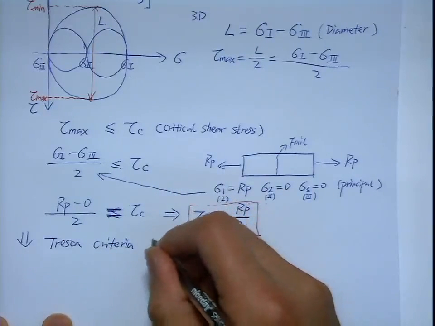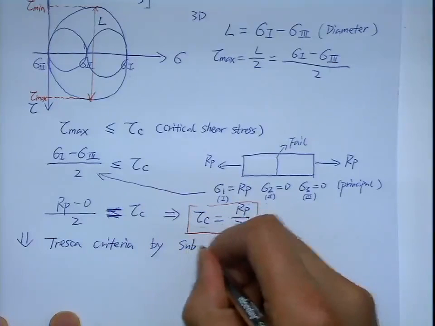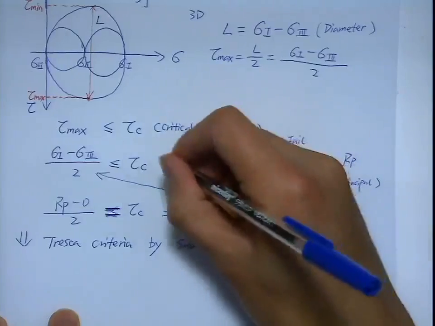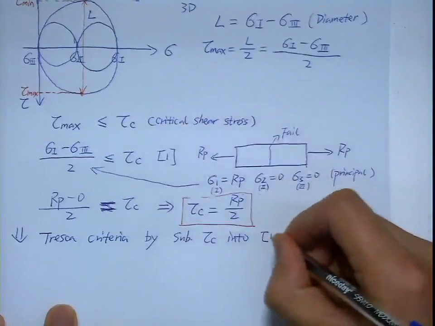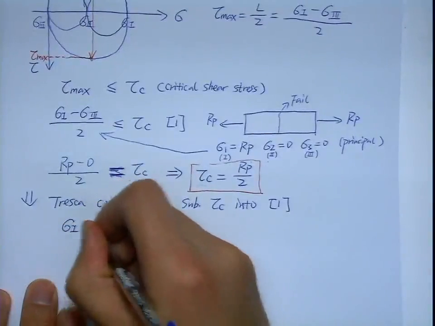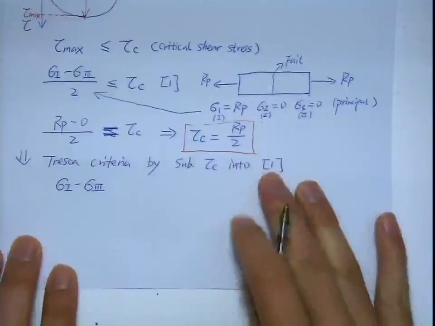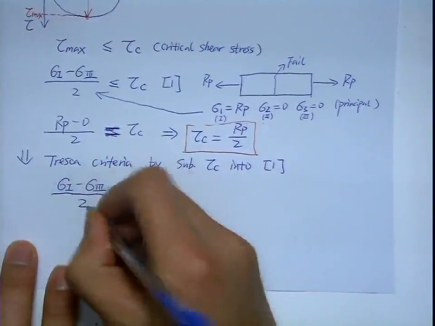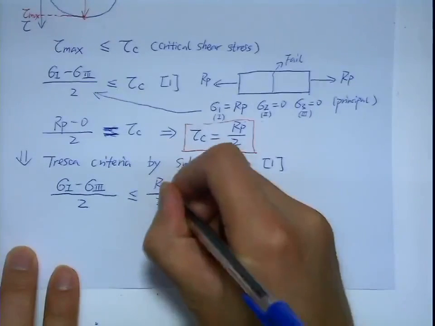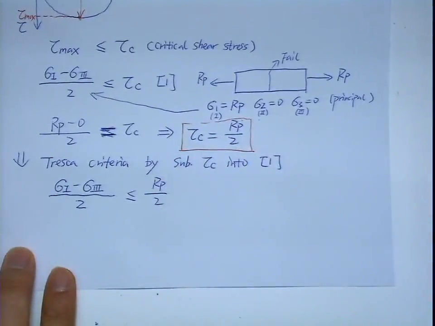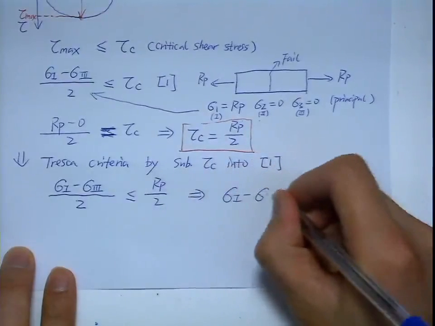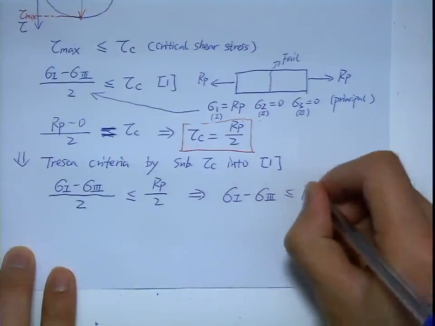Tresca criteria by substituting tau c into equation 1 here. So you actually get this. You relate the principal stress with your measured yield strength. So that can be simplified to RP, right?